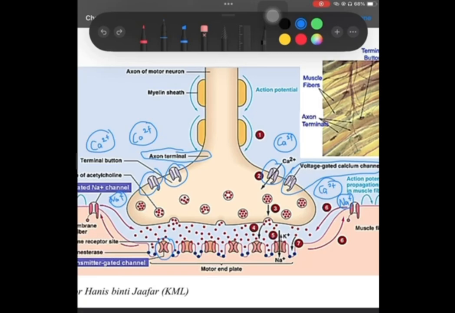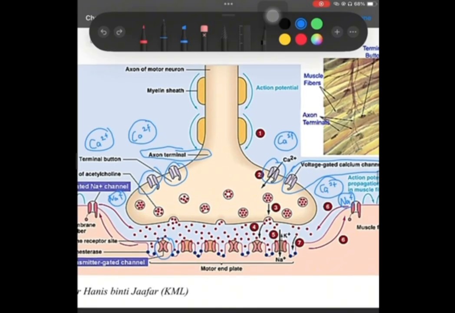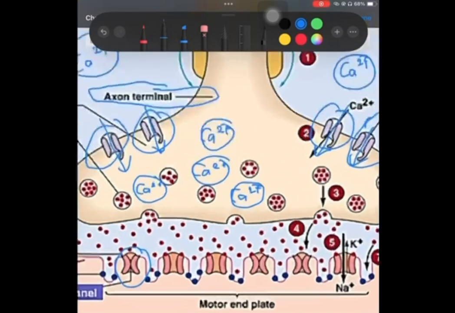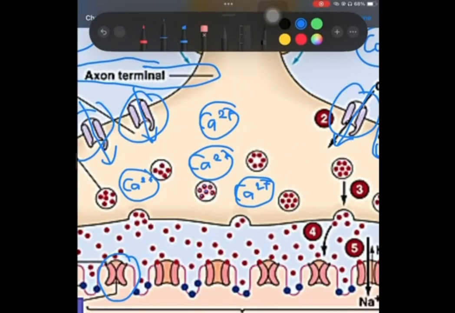So now it triggers the calcium ions to move in, which causes the influx of calcium ions. So now inside here we have the calcium ions. This colored one is actually the synaptic vesicle.